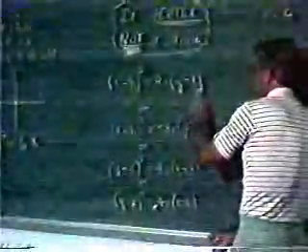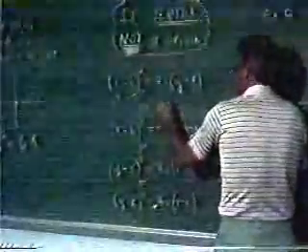Now, what I want you to notice then is simply this. What this h and k is, is the vertex of the parabola. In other words, if I have (x minus 2) squared is equal to 8 times (y minus 1), then I have a parabola which opens upward since the x is squared.